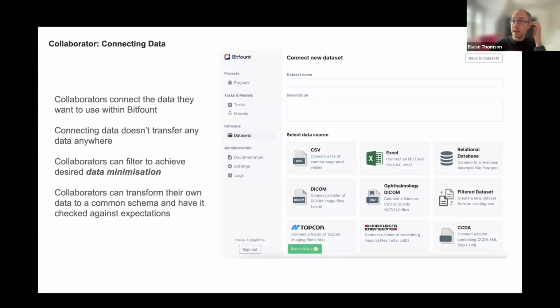And then on the connecting data side, the clinic or the hospital that's connecting their data, they get to choose the types of data they want to connect. They can filter it however they want, and then they can connect it up. And this is kind of part of the solution, I think, of making sure that the data schemas align.